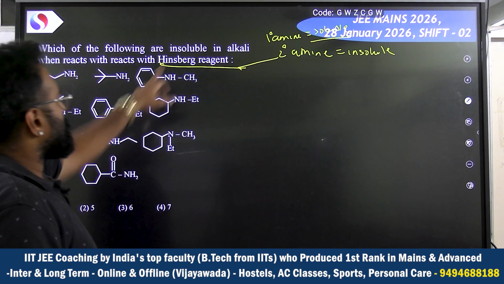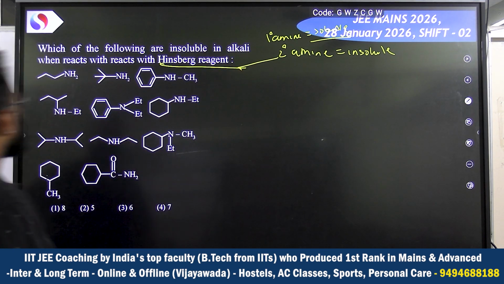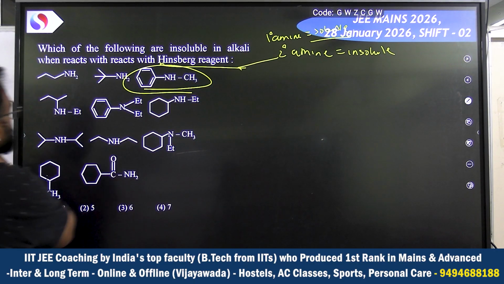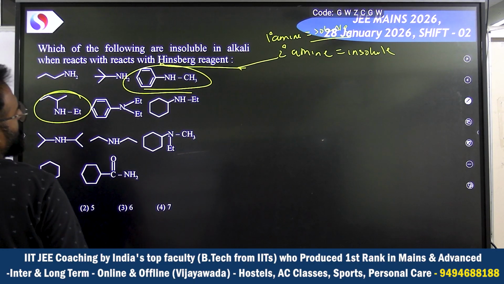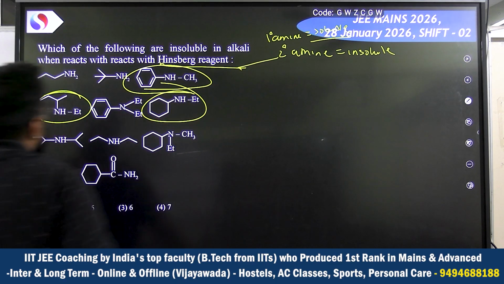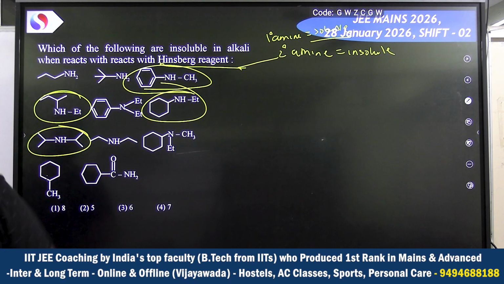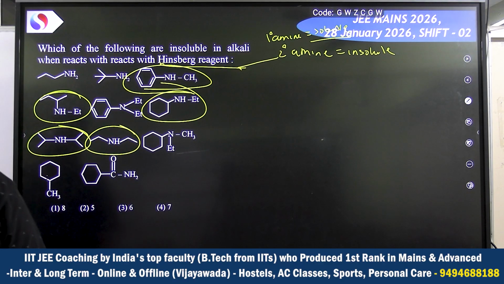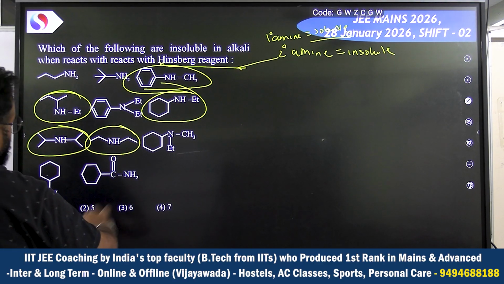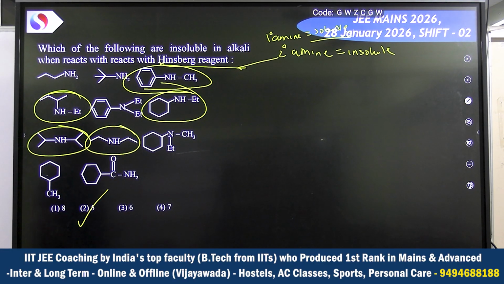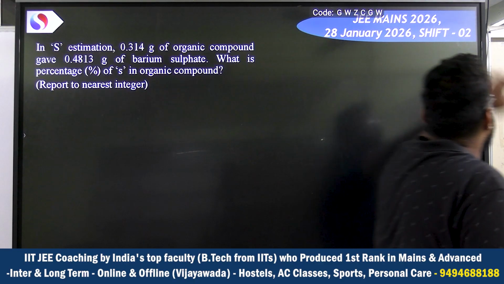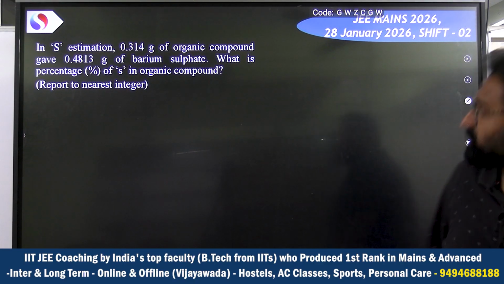So if we need to find insoluble amines, this is 2 degree 1, this is 2 degree 2, this is 2 degree 3, this is 2 degree 4, 2 degree 5. So the total correct answer becomes 5. These are 5 correct answers. Simple question. Nothing much to take a headache on.